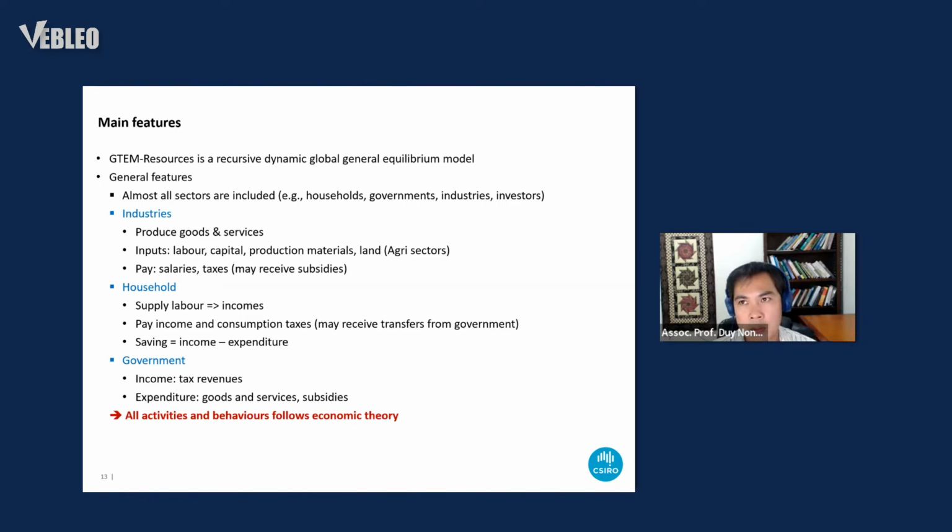In the model, we don't talk about the individual, like person one, person two, or firm A or firm B, but we model the household as a representative, and representative government and industry in aggregate. So remember that we don't talk about the individual company. And for industry, as you can see in reality, they produce goods and services and demand inputs like labor, capital, materials, and also land for the agriculture sector.